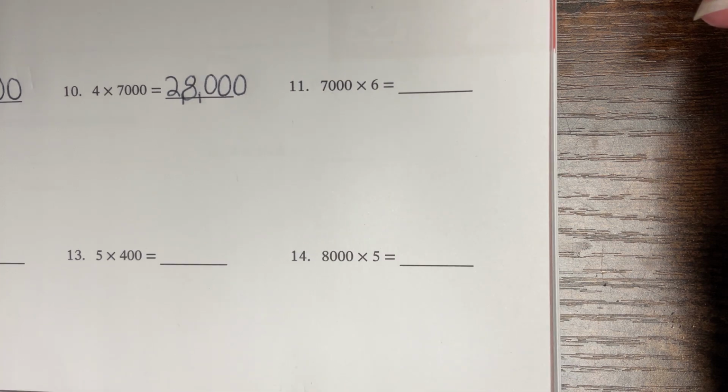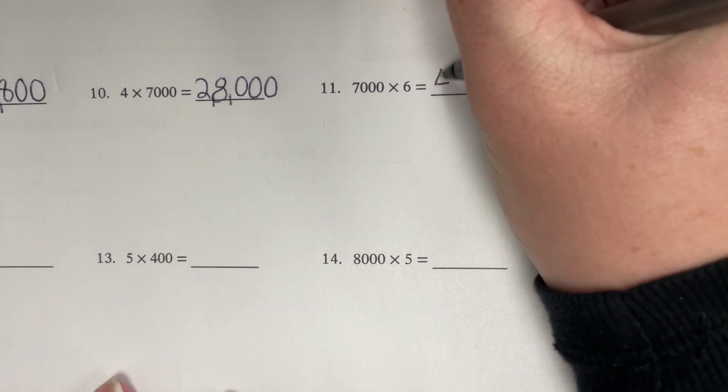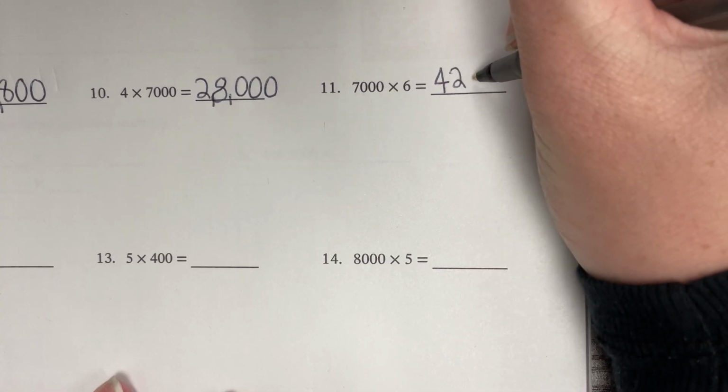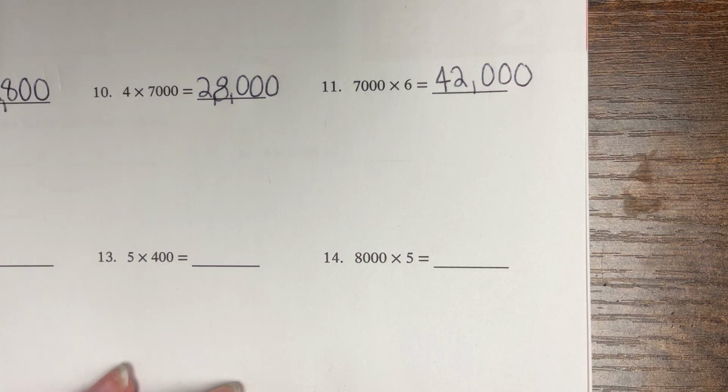Here we have 7,000 times 6. 7 times 6 is 42, with 3 zeros for 42,000.